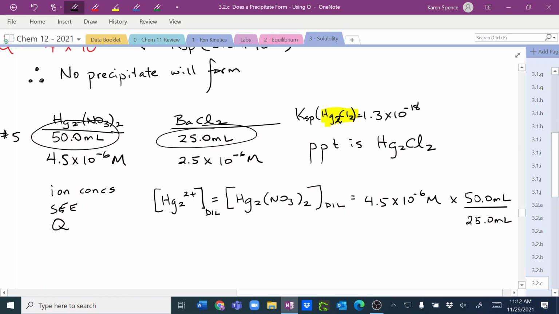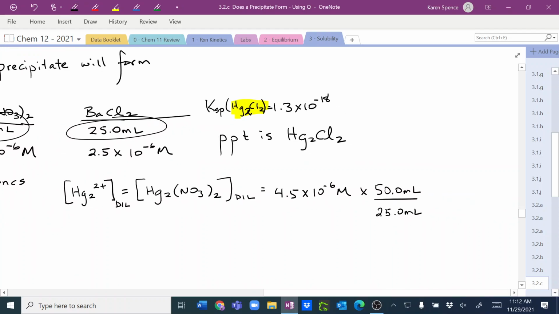Yes, of course. 4.5 times 10 to the minus 6 times 50 divided by 75 is 3 times 10 to the negative 6 molar Hg2 2+.